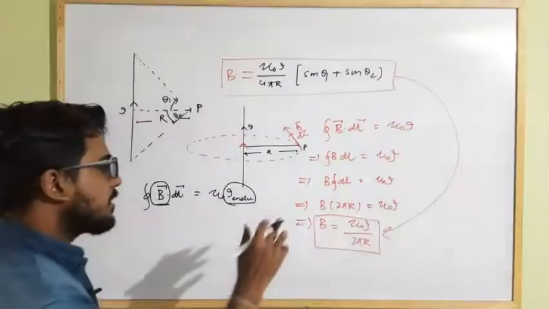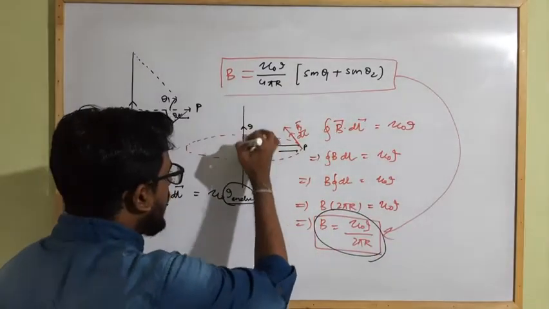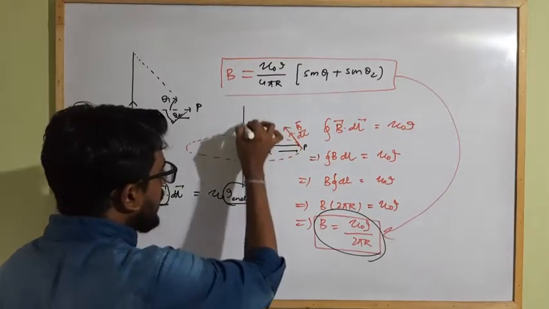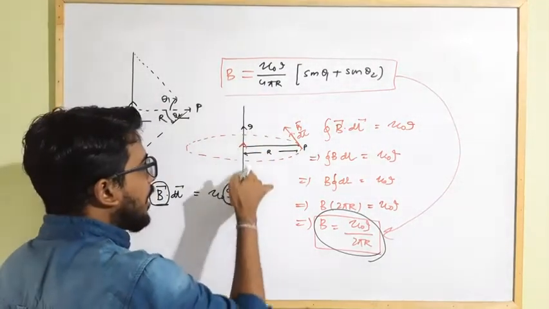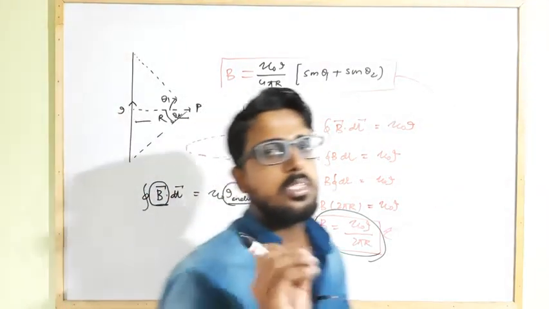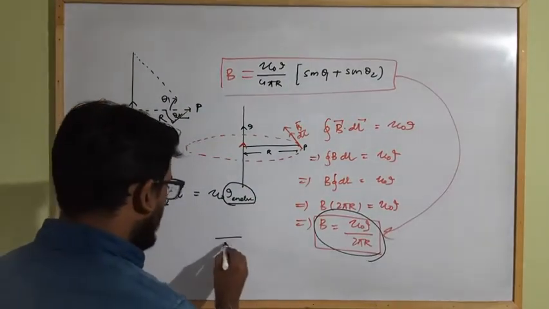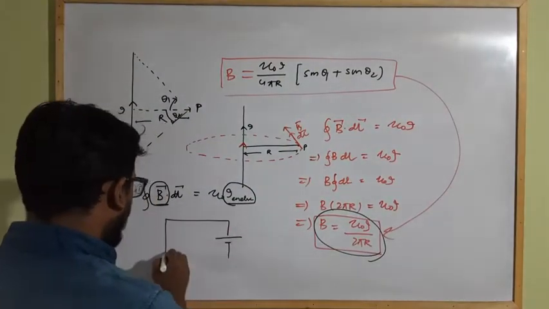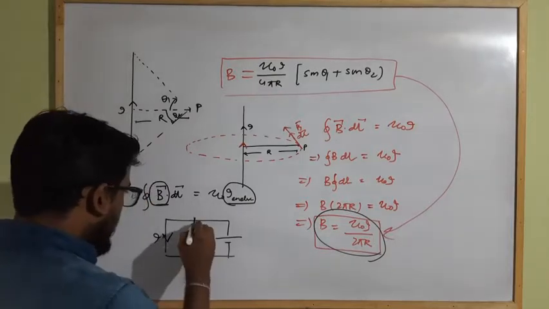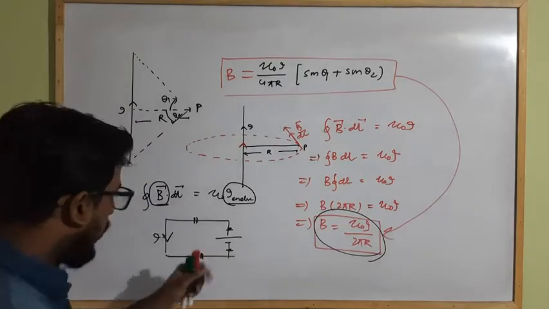Clear? In this case we are considering a finite current carrying conductor which carries current I. As this is a finite conductor, there must be some other segments which carry current to complete the circuit, because if here is a source and here is a conductor which carries current I like this, then this segment and this segment are also present.